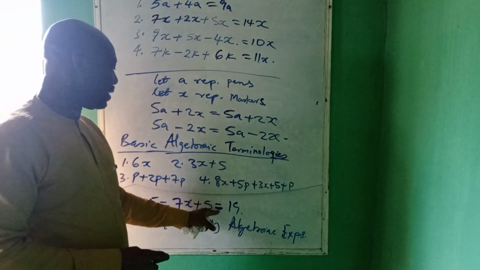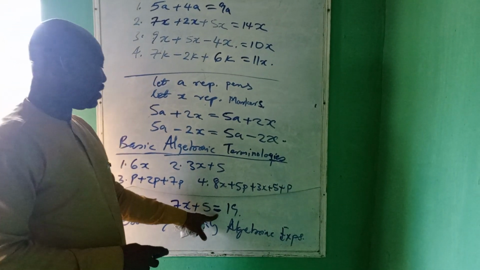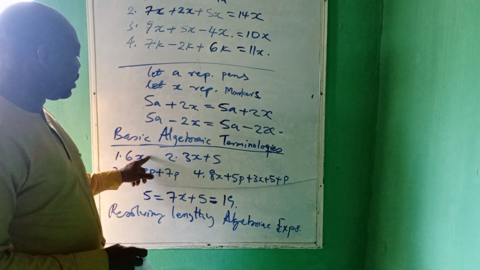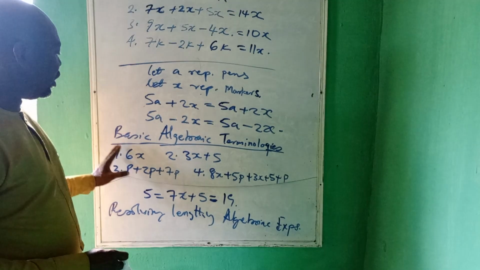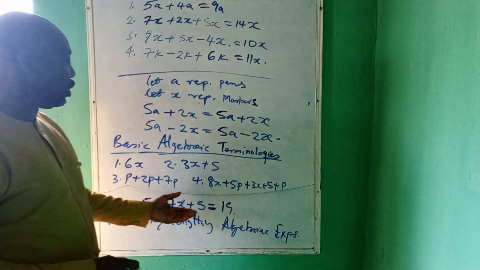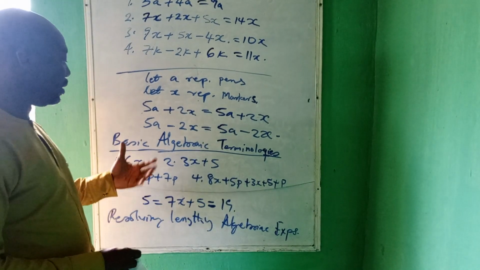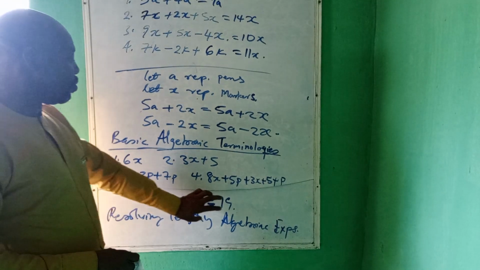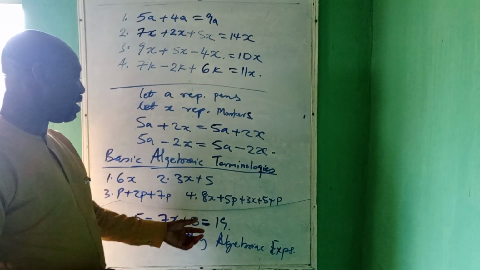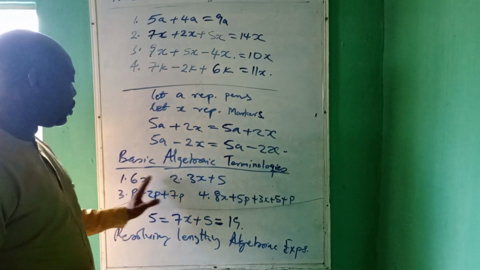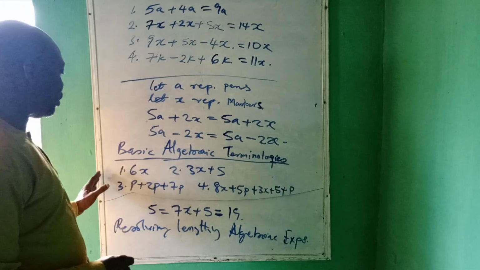When there is an equal sign, it's called an equation. But when there is no equal sign, it is called an expression. And oftentimes, even the equation is also an expression. But when you have the equal sign, we really call it an equation. Then these ones are called expressions.